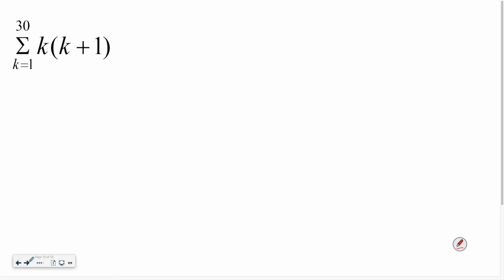We could write it as k squared plus k, couldn't we? Okay, so write this down in its original form. But then we can write it as k squared plus k.